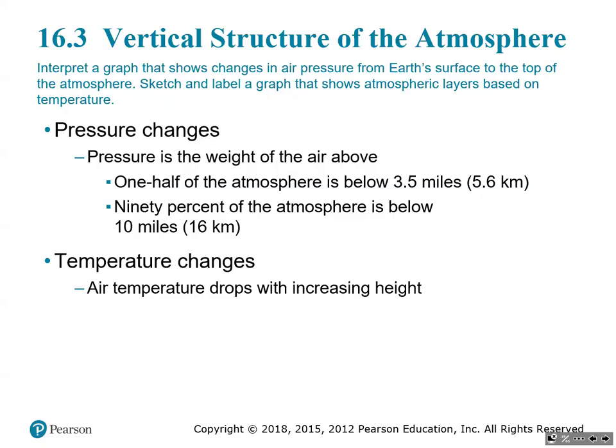And so that means half the atmosphere is below 5.6 kilometers. And 90% of the atmosphere is below 16 kilometers, 10 miles. So pressure steadily drops as you go up. The air gets very thin. And yeah, the point where you need supplemental oxygen is the top of Mount Everest.